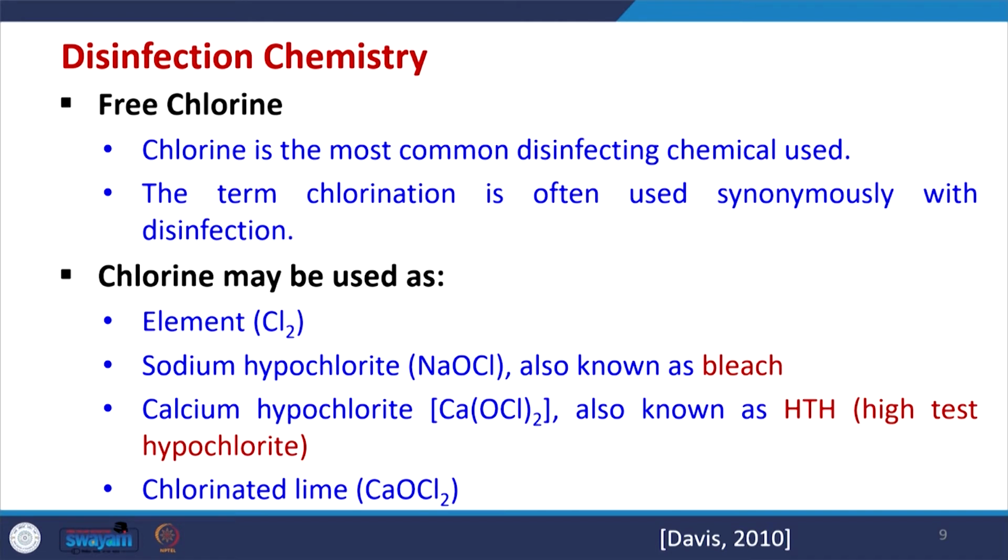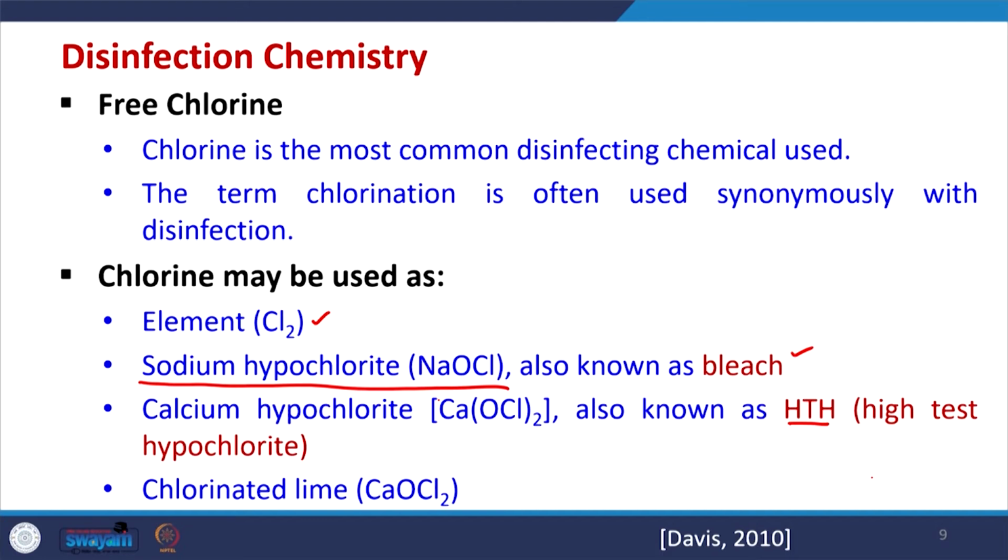Now, chlorine may be used as elemental chlorine, then sodium hypochlorite, which is very common and is also known as bleaching agent. So, this is also used for disinfection. Then calcium hypochlorite, also known as HTH or high test hypochlorite.